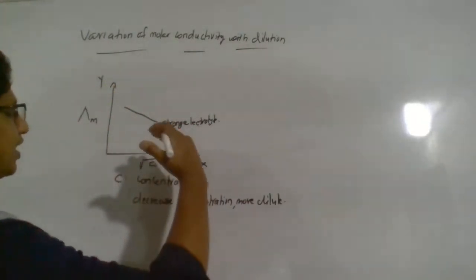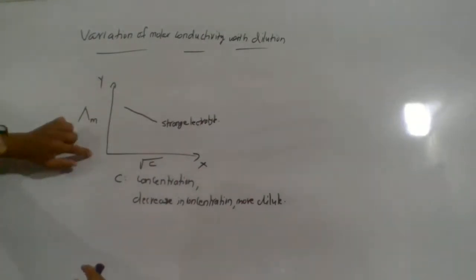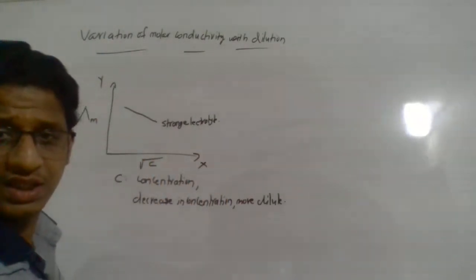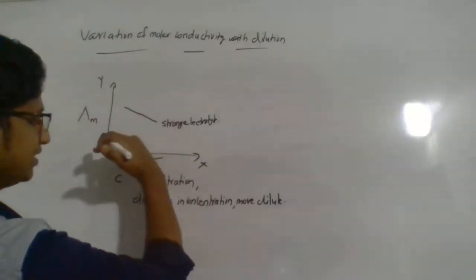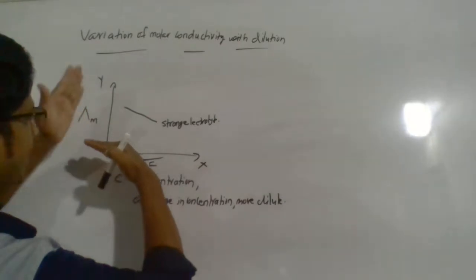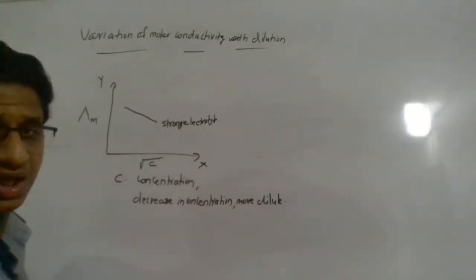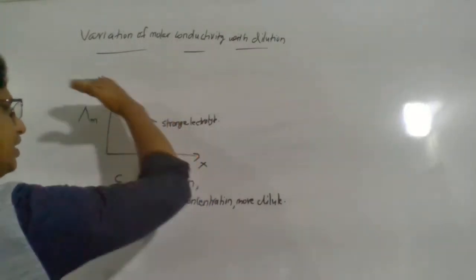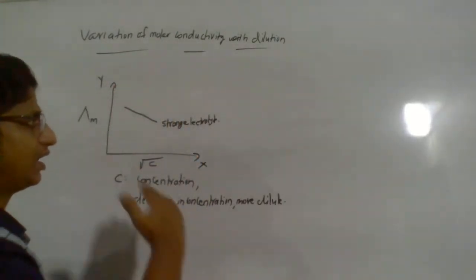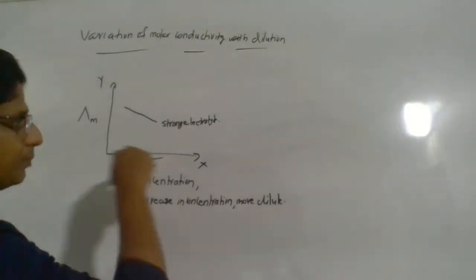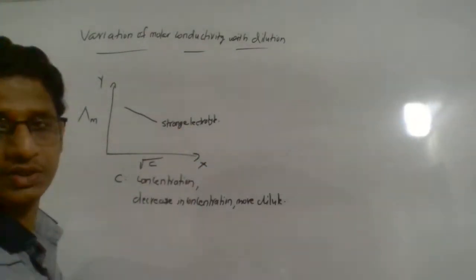On dilution, molar conductivity increases. In this direction, dilution increases, so increasing the dilution, molar conductivity increases for a strong electrolyte. It will be a linear graph, a straight line with a negative slope. That's what you generally obtain for a strong electrolyte.